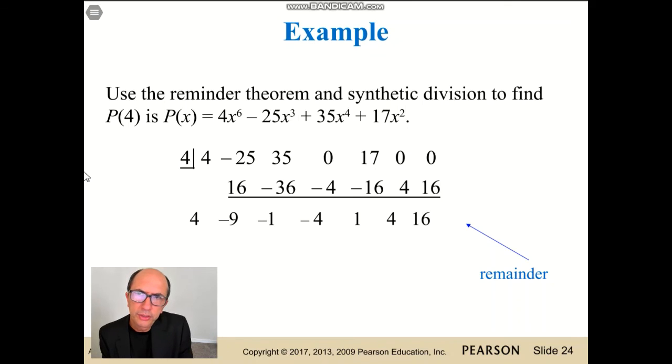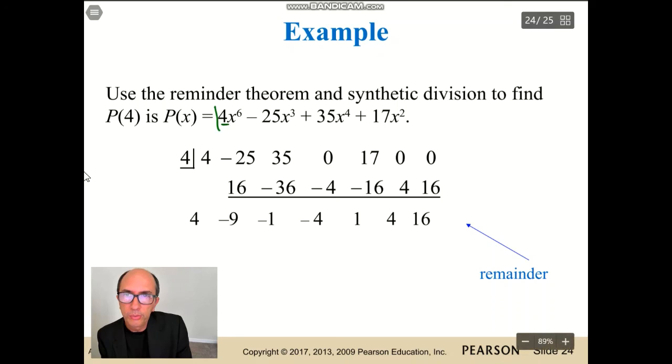This is the synthetic division of this polynomial here, 4x to the 6th minus 25x to the 3rd plus 35x to the 4th plus 17x squared. You're gonna write down 4 here, 25, 35 here, and we don't have x cubed, so it's actually 0 times x cubed, so 0 and 17.